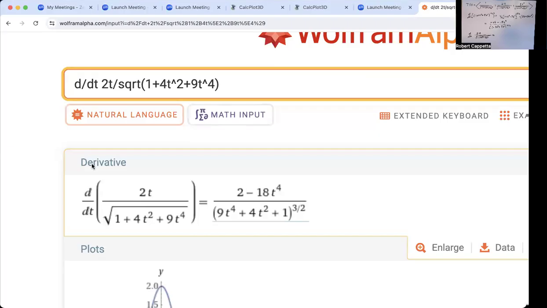Going to Wolfram Alpha, the derivative with respect to t of 2t over the square root of 1 plus 4t squared plus 9t to the fourth is negative 18t to the fourth plus 2, over the same thing, 1 plus 4t squared plus 9t to the fourth, to the 3/2 power, being consistent with how I wrote in the other problem.